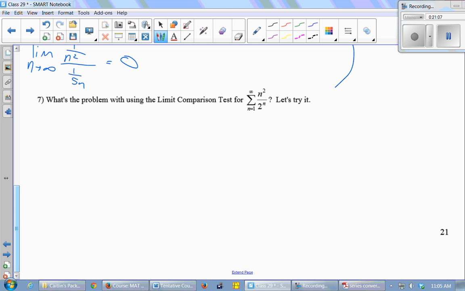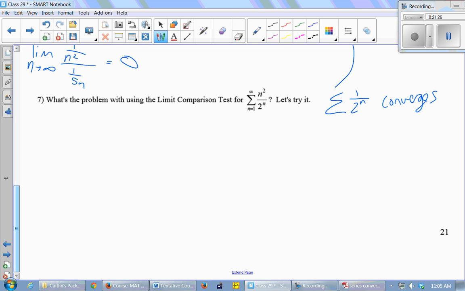Nothing? What about 1 over 2 to the n? Does that converge or diverge? Converges.